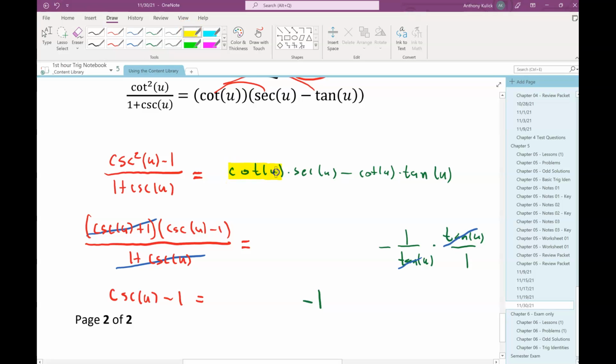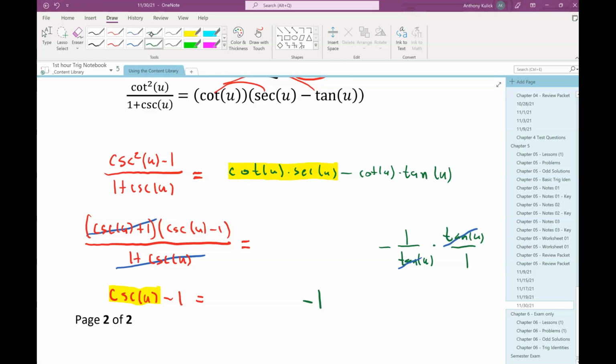So I know somehow this part is going to have to turn into cosecant, right? So I'm going to look at my identity sheet and look for a way to rewrite cotangent or secant so that it has a cosecant in it.